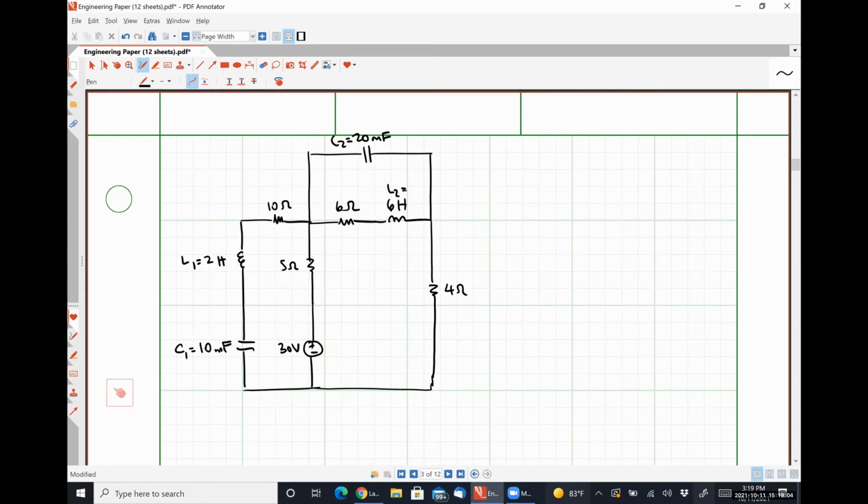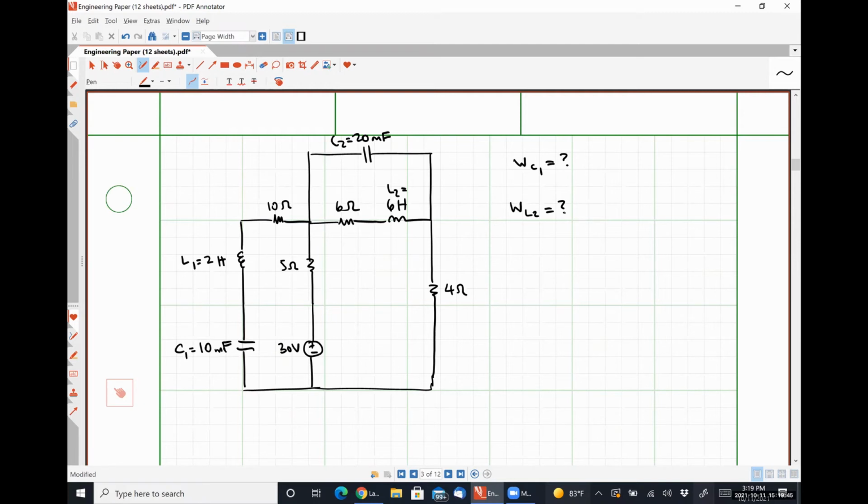I want to know the energy absorbed by capacitor C1 and, let's say, the energy absorbed by inductor L2. Anybody have the foggiest clue how we could go about figuring out either of those things? Let's start there. Anybody have a thought?